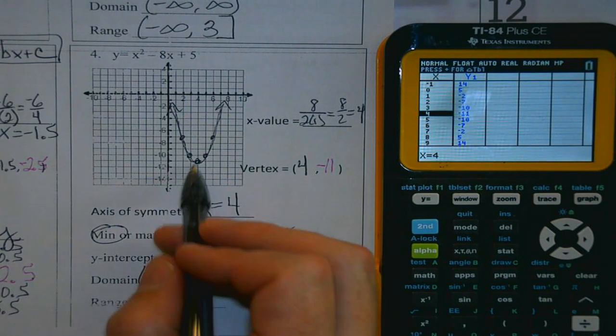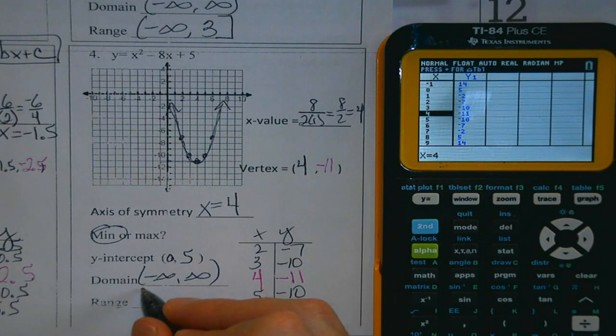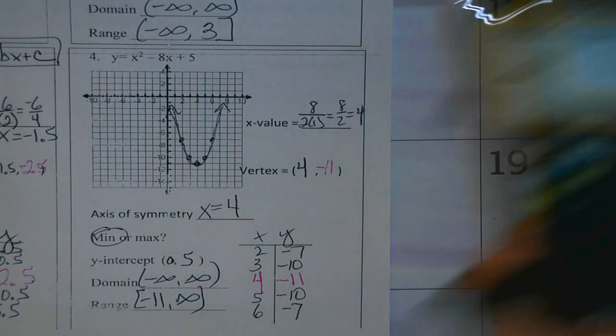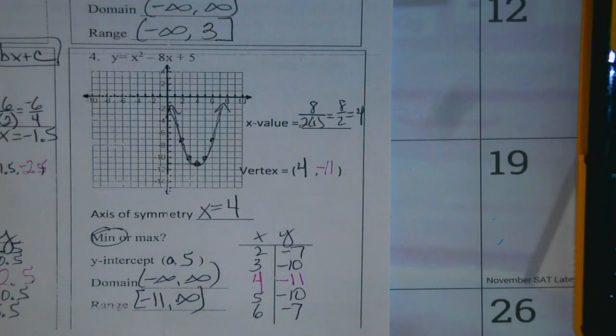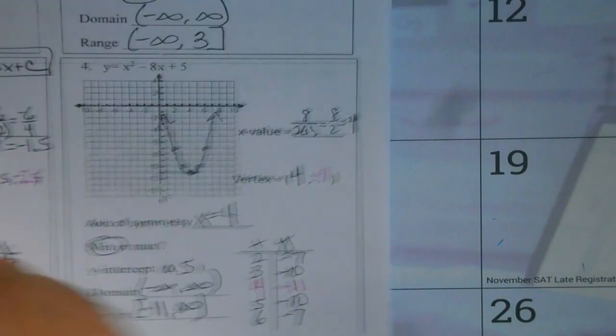And my range is my lowest point, which is my vertex y value on up. So the big key here is just to take our time with the info we know and start applying it a bit, okay? So that's our graphing on the front.